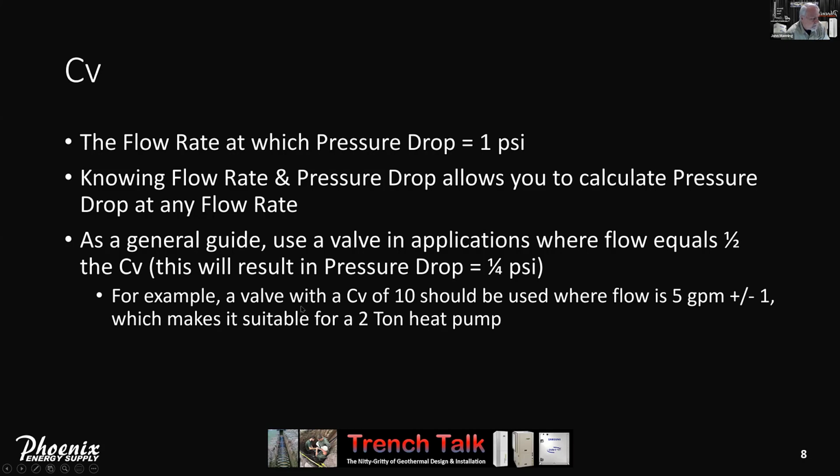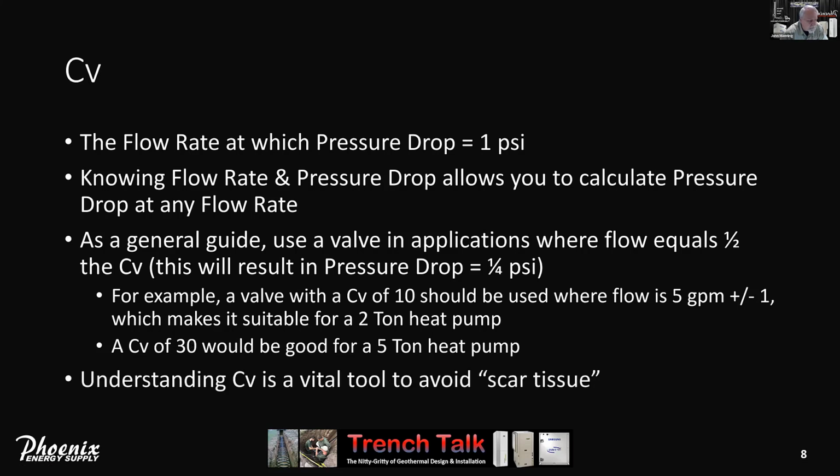For example, a valve with a CV of 10 should be used where flow is 5 GPM. And you get a little tolerance there, so plus or minus 1, which makes it suitable for a 2-ton heat pump. Because we're going to want to operate a 2-ton at about 5 or 6 gallons per minute. A CV of 30 would be good for a 5-ton, because a 5-ton we'd like to be at about 15 gallons per minute, and that's half of the CV.